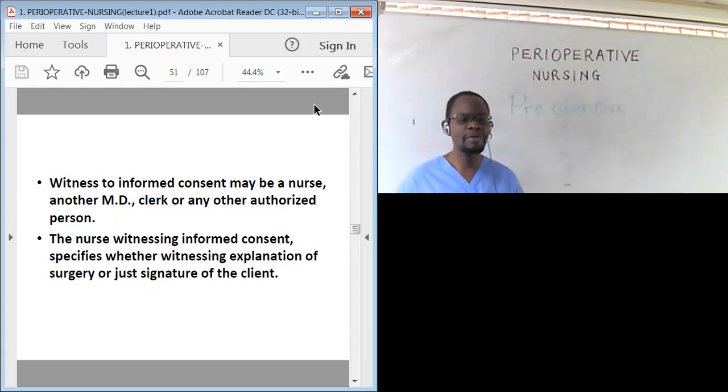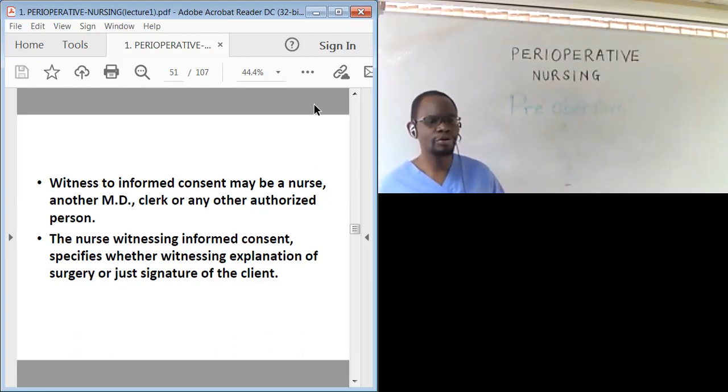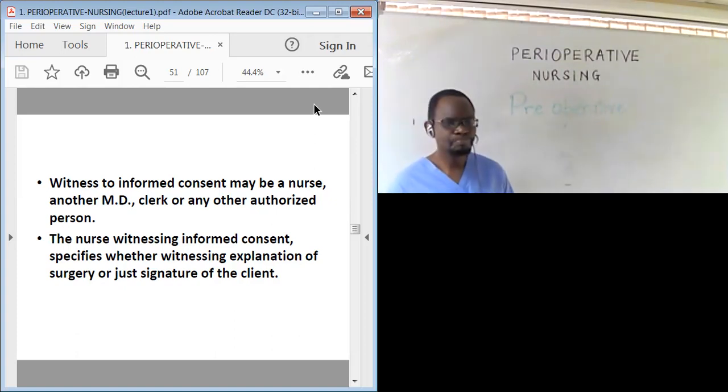So this is very important. The nurse has to specify whether they were there when the patient was being explained to, or they are just witnessing that the client signed the informed consent. This is very, very important.